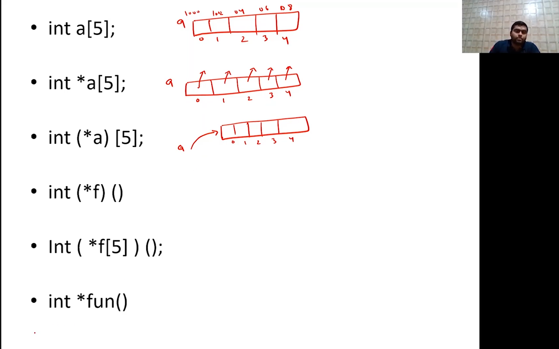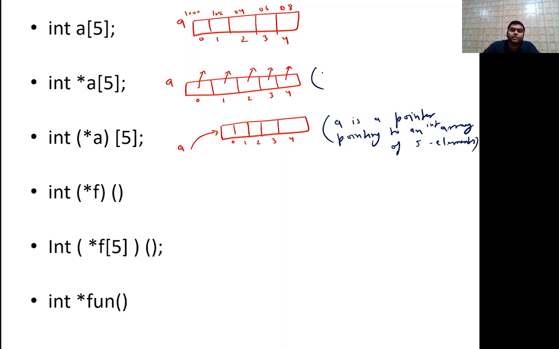So in this case a is a pointer pointing to an int array of 5 elements. So I hope this is clear. And what is the earlier a? So a is an array of pointers, an array of integer pointers.